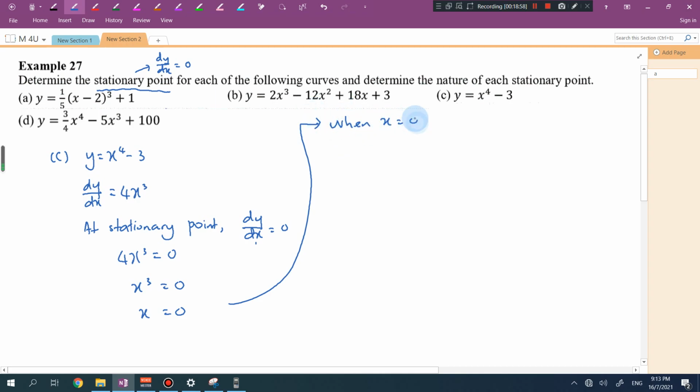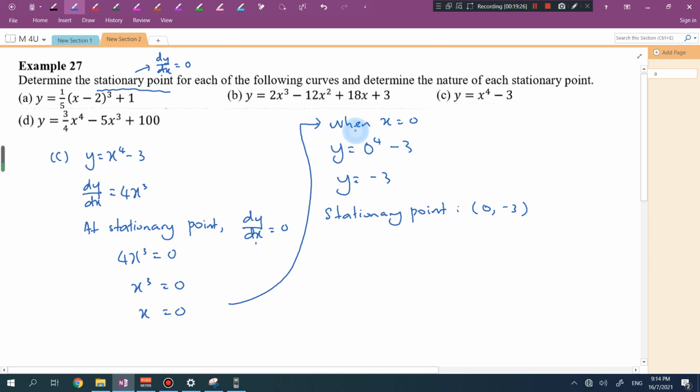When x is equal to 0, y is equal to 0 raised to the power of 4 minus 3. So the stationary point will be (0, -3). Next we need to determine the nature. You can use the first derivative test or the second derivative test.